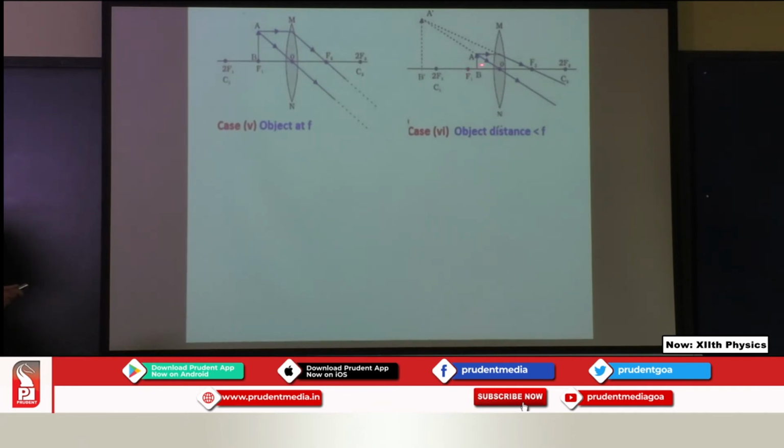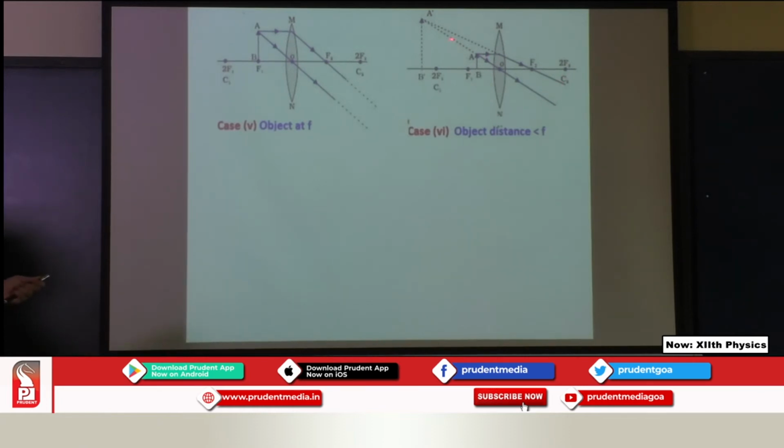Now, over here, I have brought the object closer to the lens and it has been kept between the optical center and the focus. So, same two rays: parallel to the principal axis going through the focus, and going through the optical center goes undeviated. You can see these two rays are diverging from each other, they are not going to meet over here.